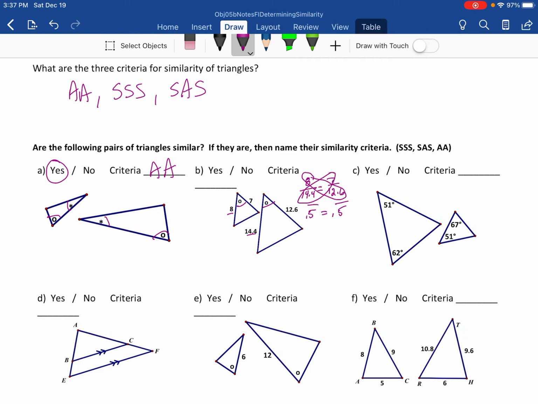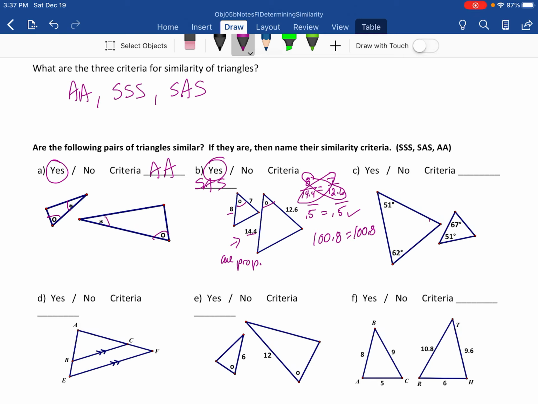You can also cross multiply. 8 times 12.6 is 100.8, and 7 times 14.4 is also 100.8. So yes, the sides are proportionate, and that's going to be by side-angle-side.